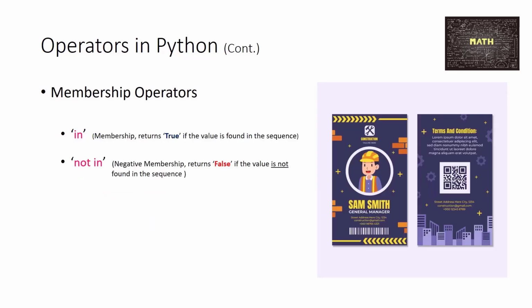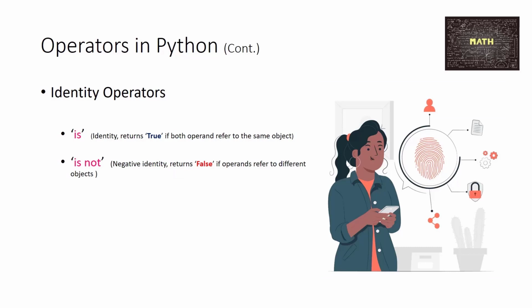Membership operators. These operators are used to test if a value is a member of a sequence, for example, a string, a list, or a tuple. Identity operators. These operators are used to compare the memory location or identity of two objects.